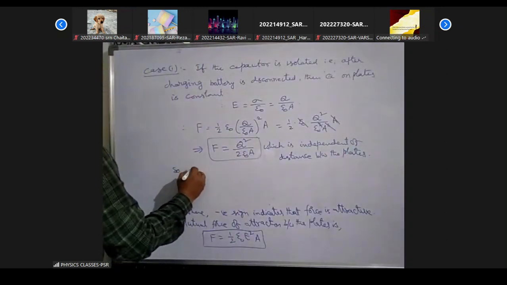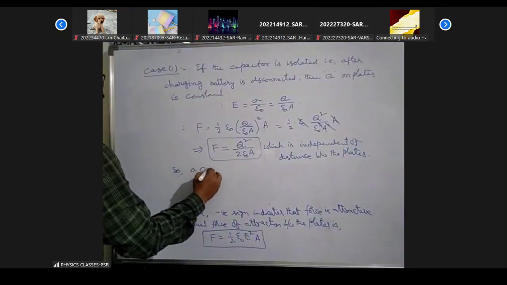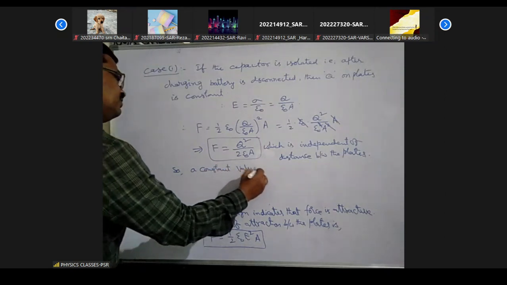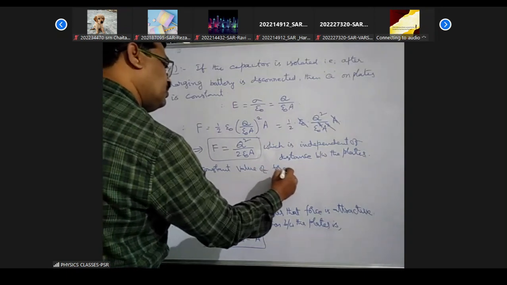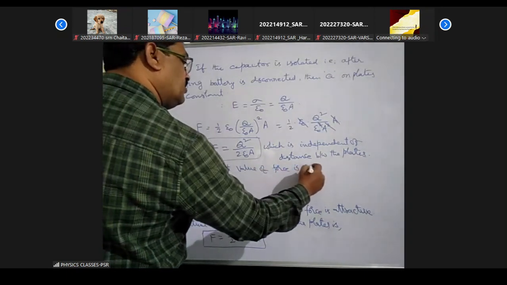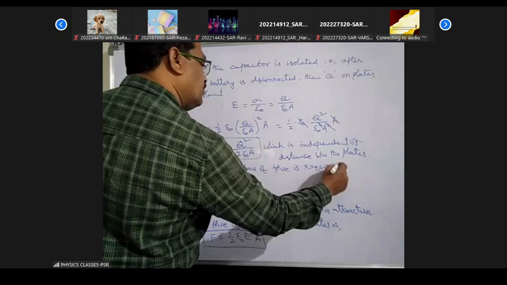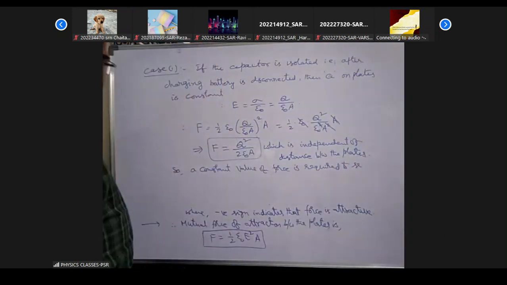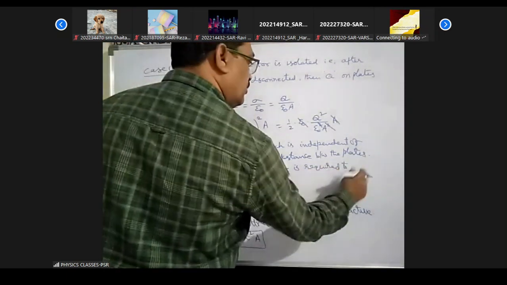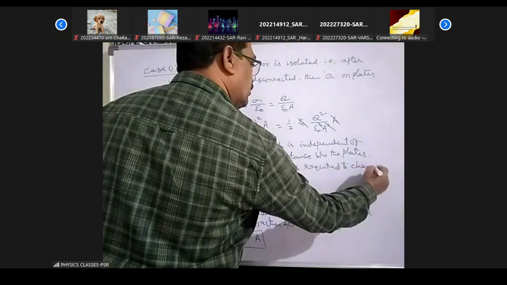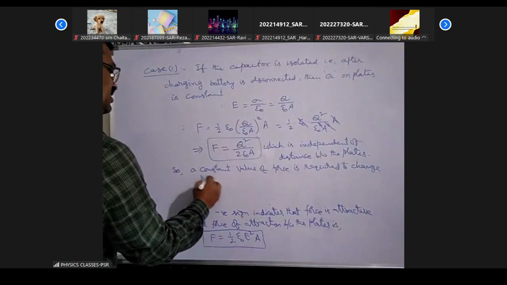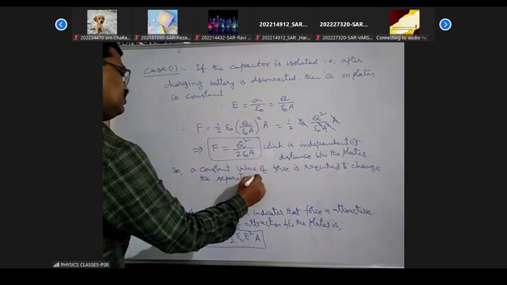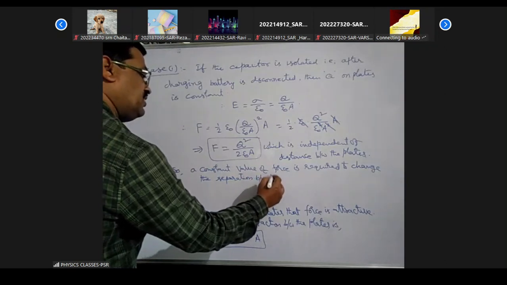So a constant value of force is required to change the separation between the plates.